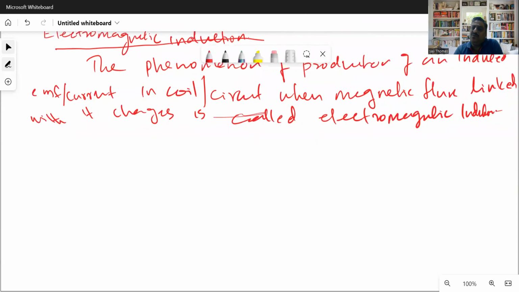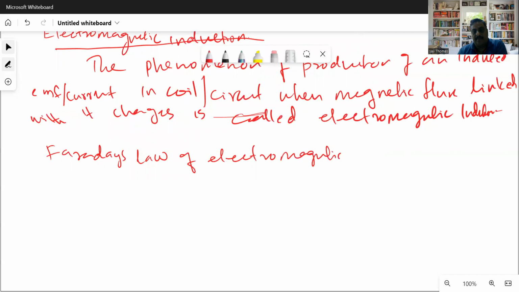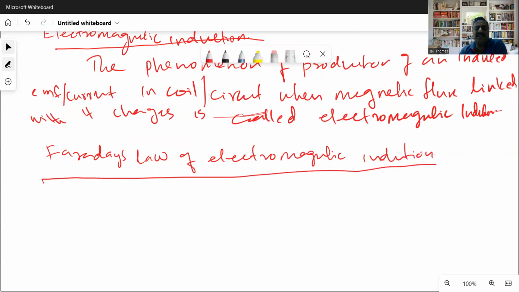Now we are coming to Faraday's law of electromagnetic induction. Okay, Faraday's laws of electromagnetic induction.